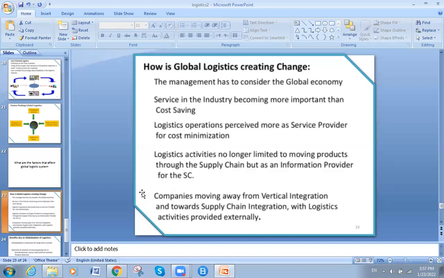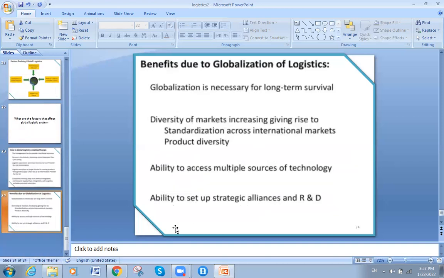Because you're required to give the highest level of quality in your service, in transportation service and storage services, and production services as well, because those are the cores of the supply chain, and at the same time, they are the cores of the logistics system. Companies are moving away from vertical integration and towards supply chain integration with logistic activity provided externally.